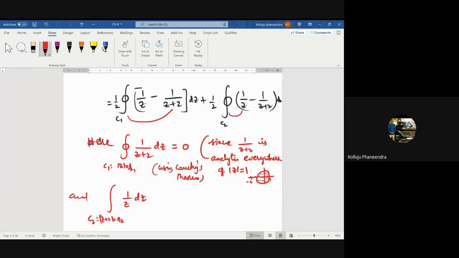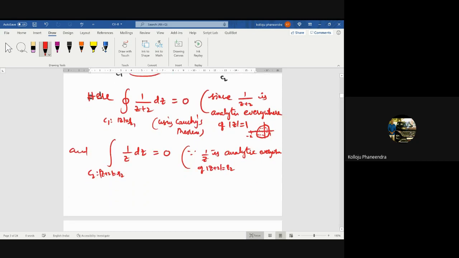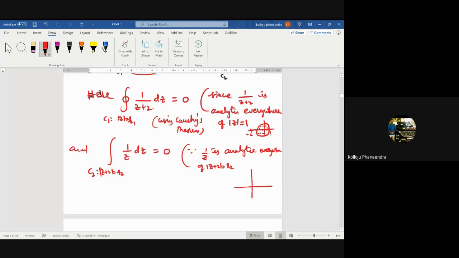The value of these two integrals is also 0, since 1 by z is analytic everywhere inside the circle mod z plus 2 equal to R2. Where is the circle? This is minus 2. Okay, this is the circle, for example. And where is z? 1 by z, z equal to 0 is outside. So the function 1 by z is analytic everywhere. This is also using Cauchy's theorem.